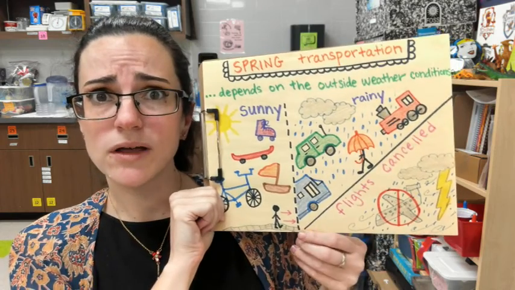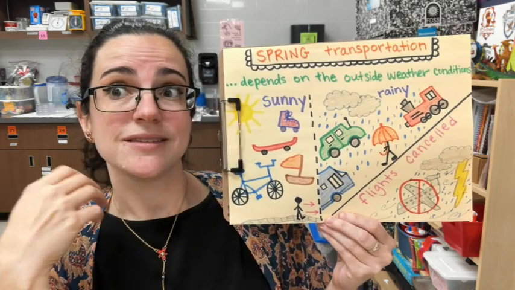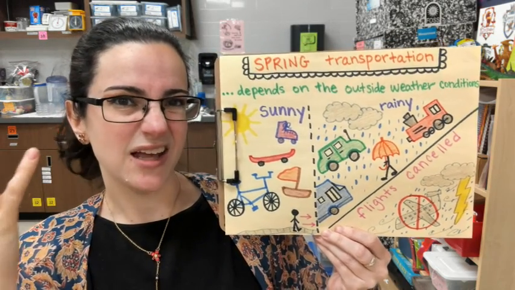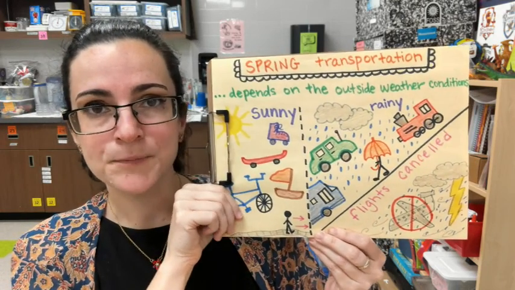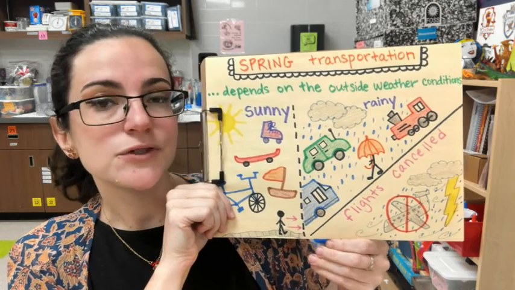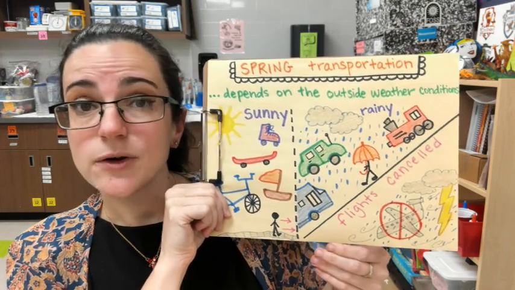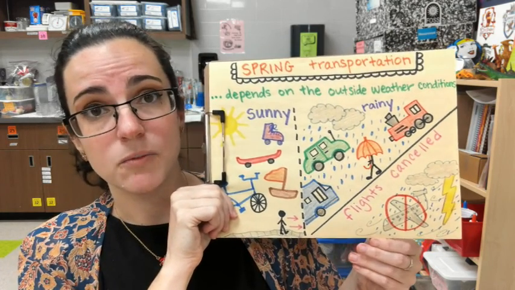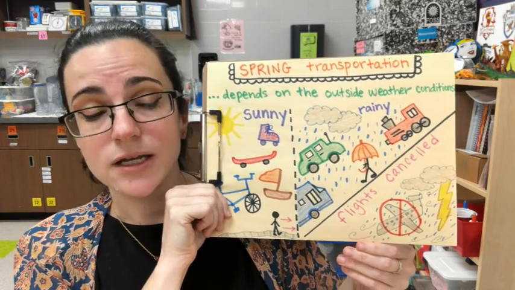But what if the weather turns in a different way and it becomes rainy and windy and a big old thunderstorm happens? Well, it might not be safe to go outside and ride a bike. It might not be safe to go outside and skateboard and roller skate outside because of the windy, rainy weather.